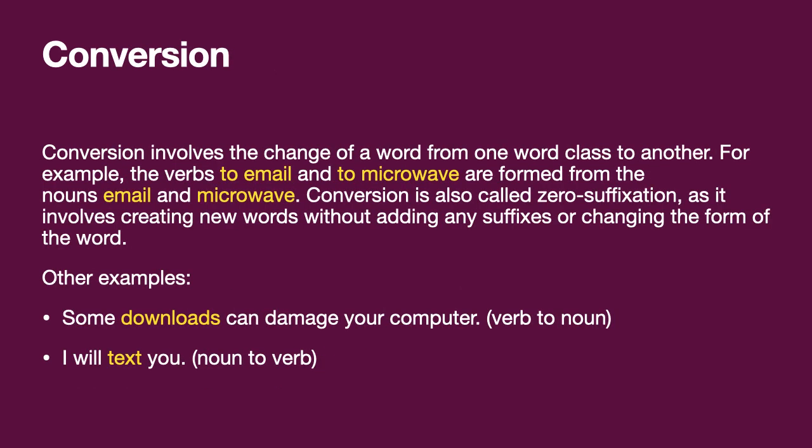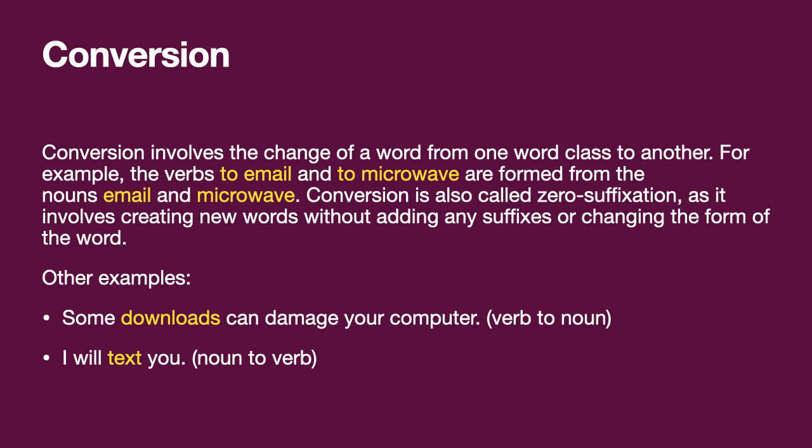Now, another method of word formation is conversion. In conversion, there is no affixation involved. No words are combined. Conversion just involves the change of a word from one word class to another. So the same word, you don't add anything to it, you just use it as a different part of speech.